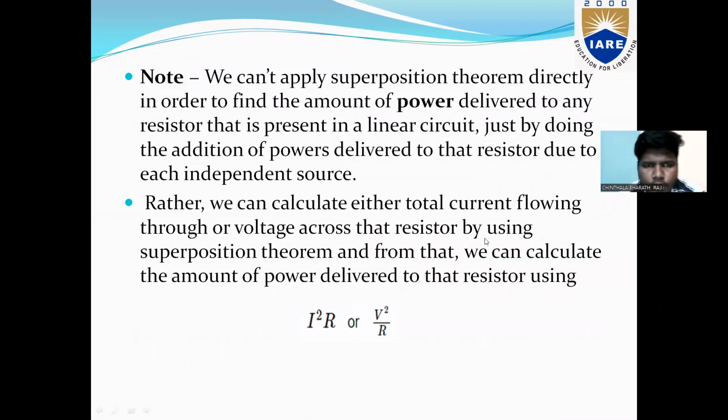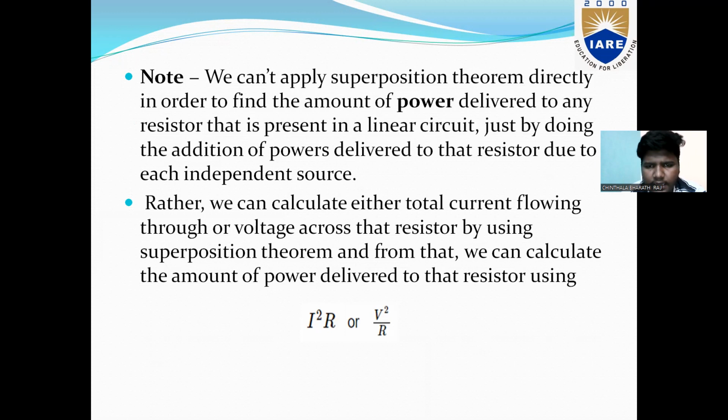Now, note that we can't apply the superposition theorem directly to find the amount of power delivered to any resistor present in a linear circuit, just by adding the powers delivered to the resistor due to each independent source.